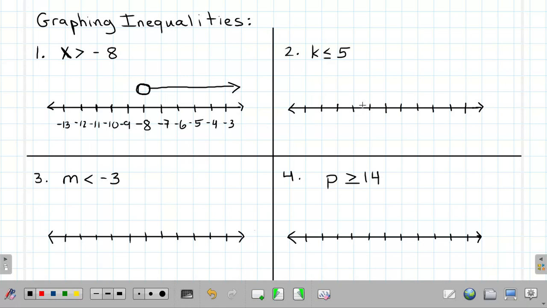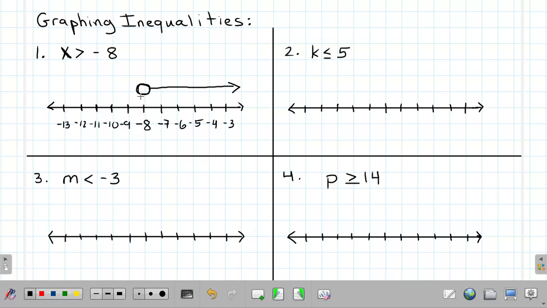So 1, 2, 3, 4, 5, 6, 7, 8, a million, 297,467, whatever number you can think of. Things like 1/2, 2/3. Any number that you can think of that is to the right of -8 is an answer.